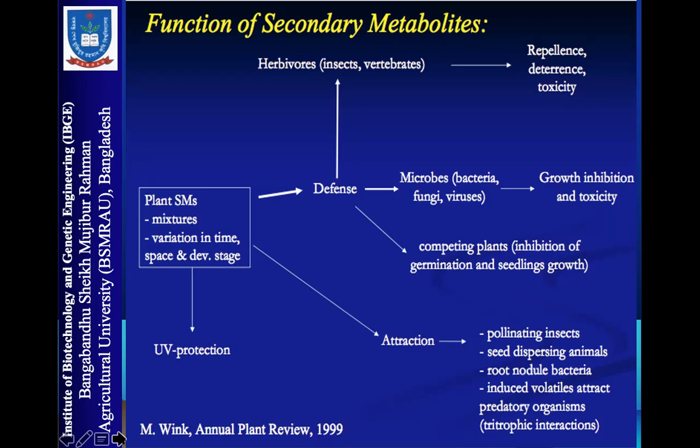Even so, the earth is green because of the production of secondary metabolites. Otherwise you could not find any plants on this earth, because all the animals, humans, and other organisms get energy from the plants. So plants would be extinct if there were no such defense mechanism.